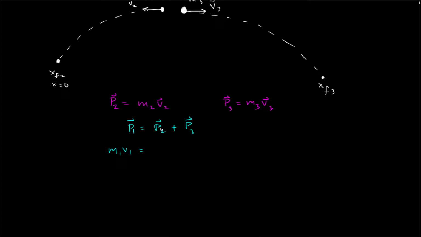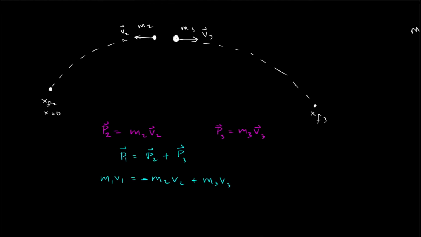P2 is to the left, which is negative, so minus m2 v2 plus m3 v3. Now we want to use this equation to find the velocity of these pieces and where this piece lands.